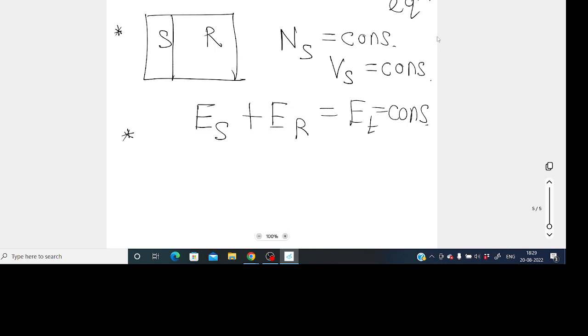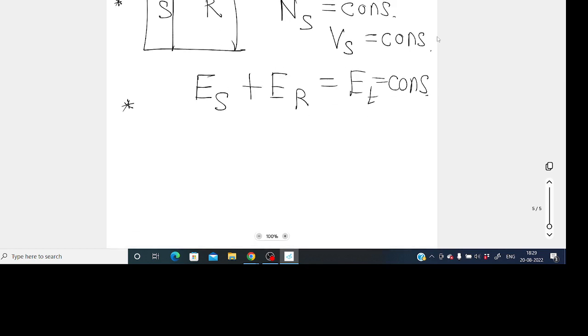So we are considering only the exchange of energy between the system S and the reservoir R. Now we'll try to find the probability of finding a particle with some energy Es. As I have told before, this Es can vary, so there will be a probability distribution of finding the particle with some particular energy. So let's try to find out.